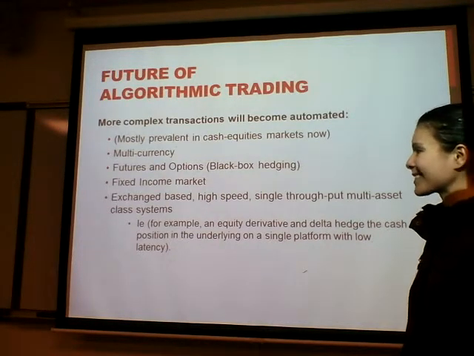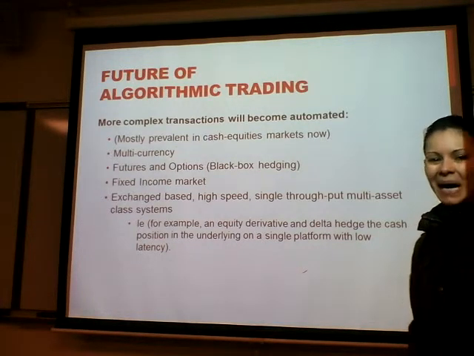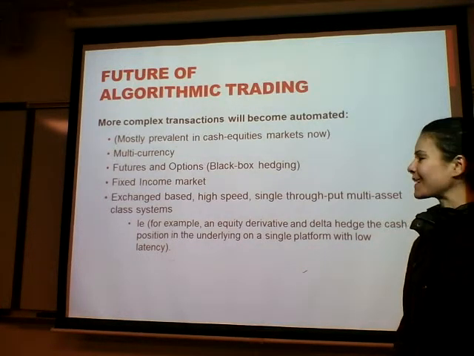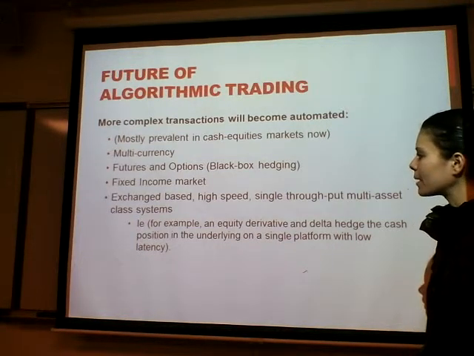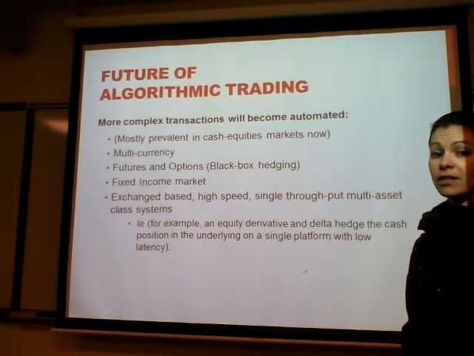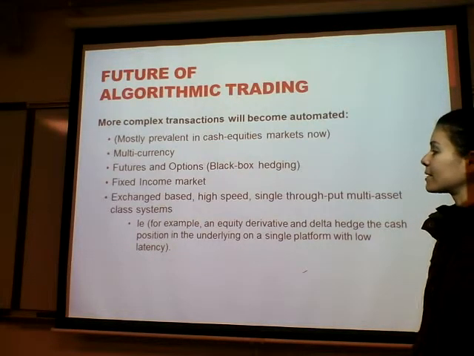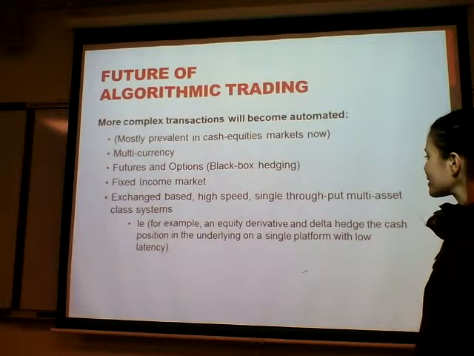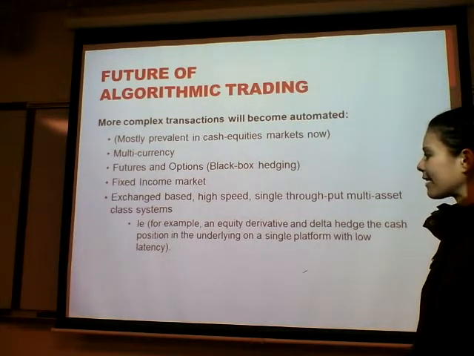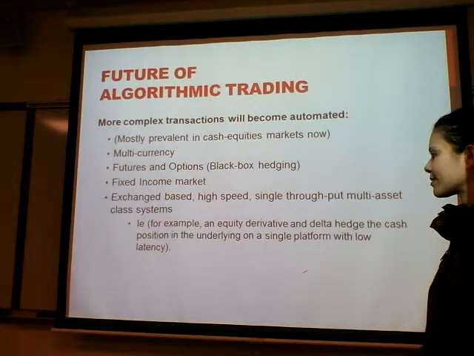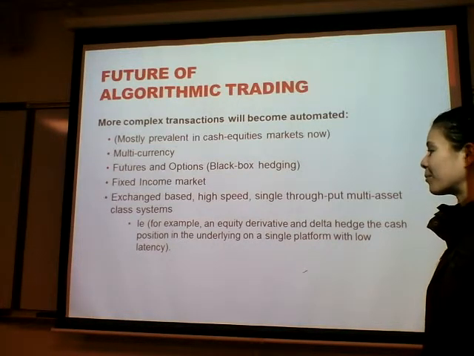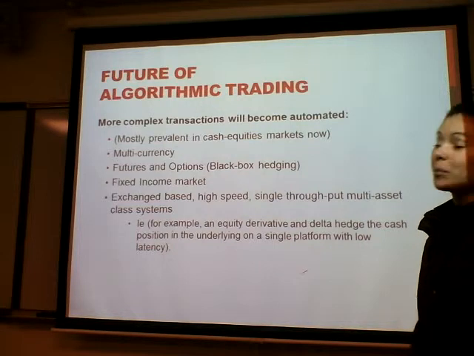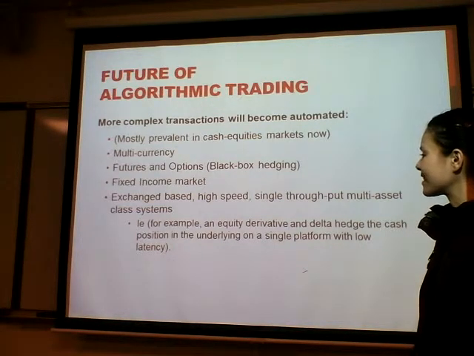That's done now at places like Renaissance Technologies, also known as Rentech, but it's still very new. There's also a lot of talk of people going into the fixed income market and debt securities with algorithmic trading. And last but not least is the idea of having an exchange-based, high-speed, single throughput, multi-asset system running all on mathematical models. It'd be interesting to see that happen.